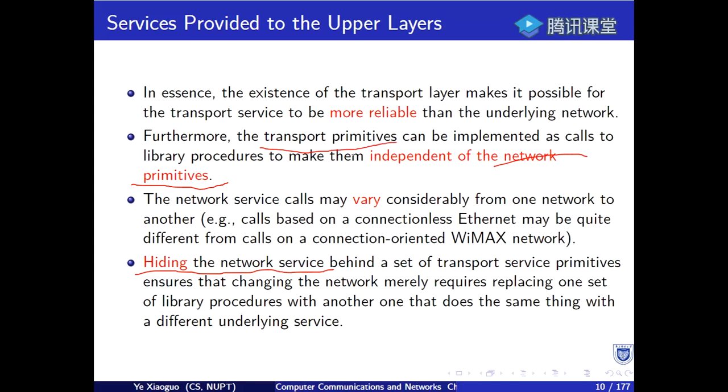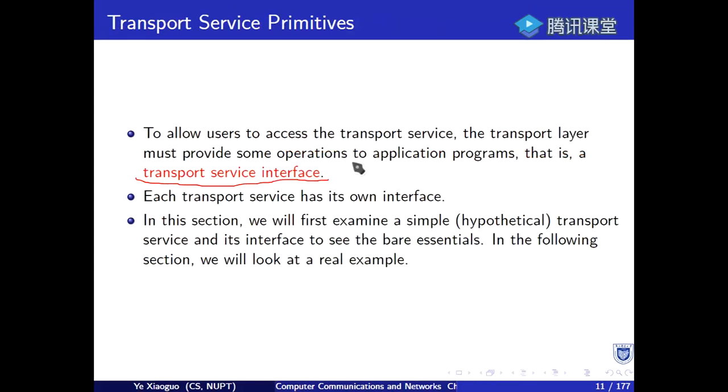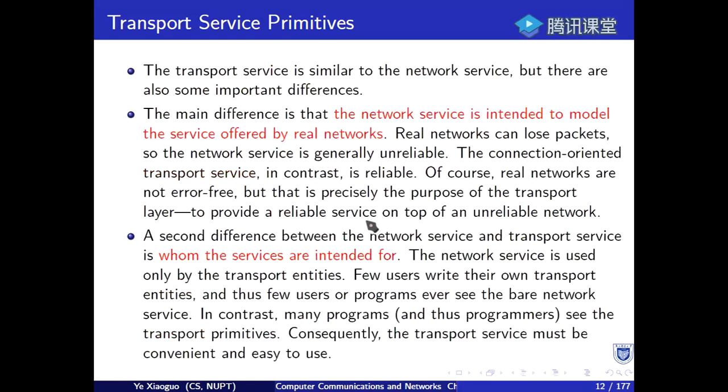Transport primitives are a kind of function or interface: calling a function through an interface. Each transport service has its own interface. Here we list some simple transport service primitives.